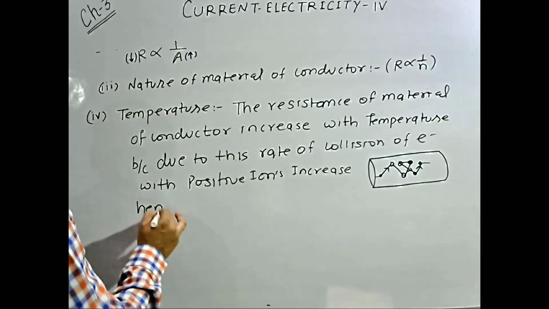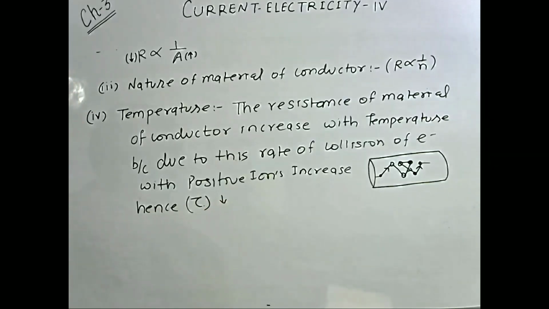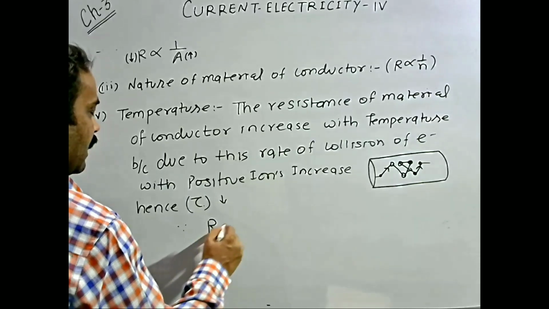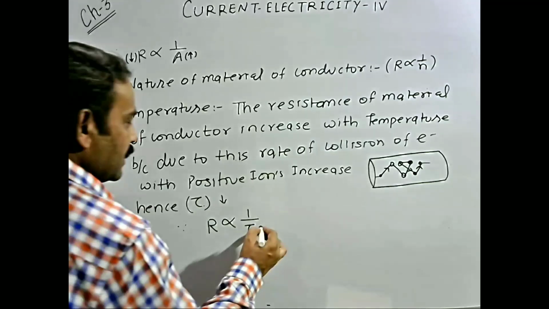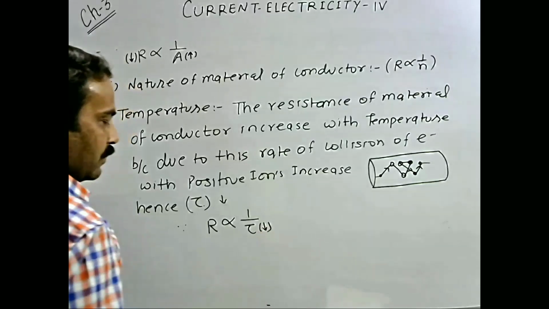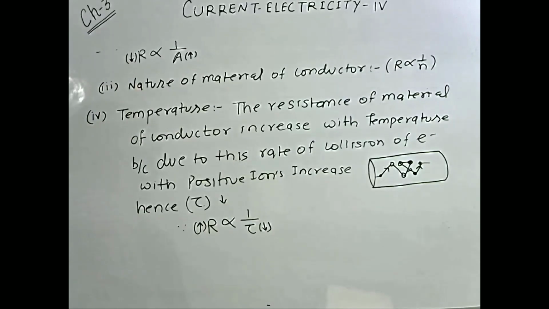Hence, relaxation time tau will decrease, and from the relation, as we know, R is inversely proportional to tau. As temperature increases, relaxation time tau decreases, and as a result resistance of material of conductor increases. So I hope you all understand the factors affecting the resistance of material of conductor. Clear?